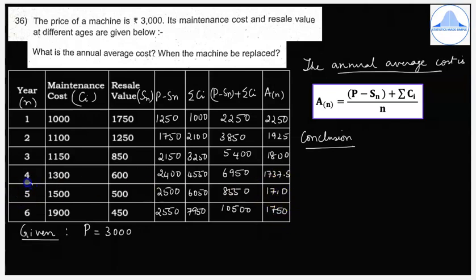So you can just circle this and put an asterisk over here.